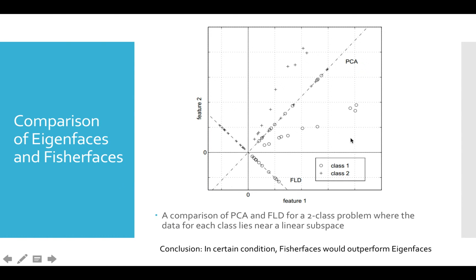This graph shows a comparison of PCA and FLD for a two-class problem where the data for each class lies near a linear subspace. From the graph, we can easily notice that FLD performs better than PCA. So a conclusion can be drawn: in certain conditions, Fisherfaces would outperform eigenfaces.